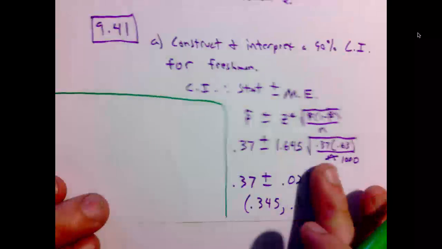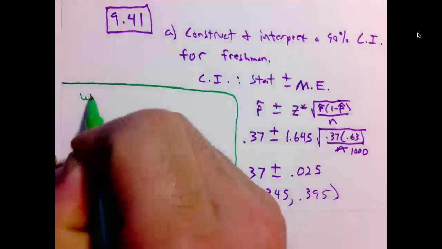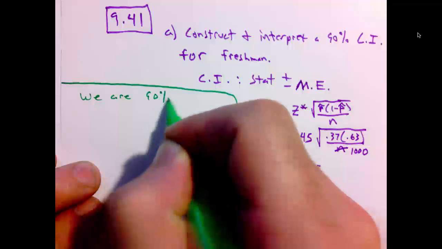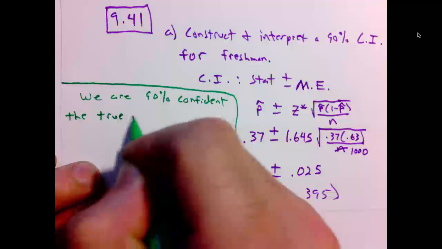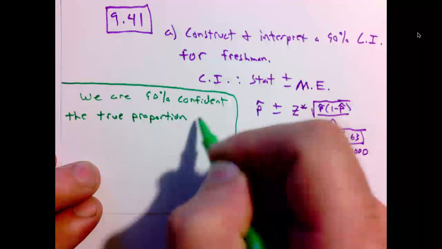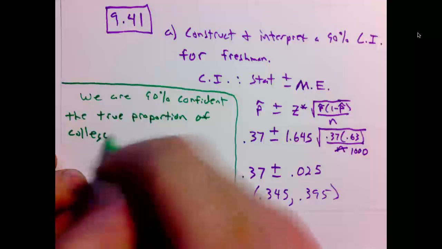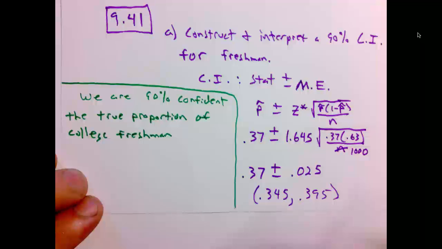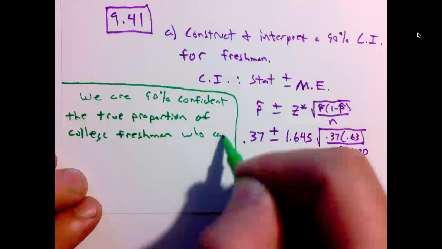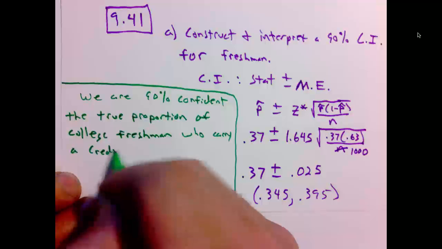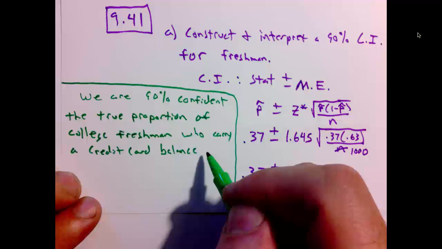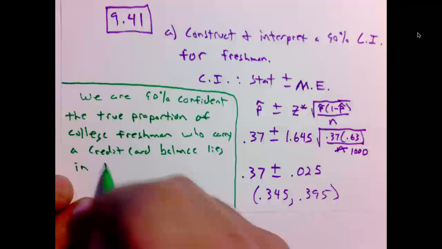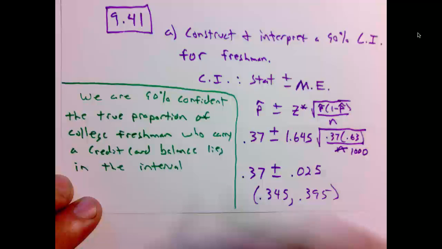We are 90% confident the true proportion of college freshmen who carry a credit card balance lies in the interval 0.345 to 0.395.